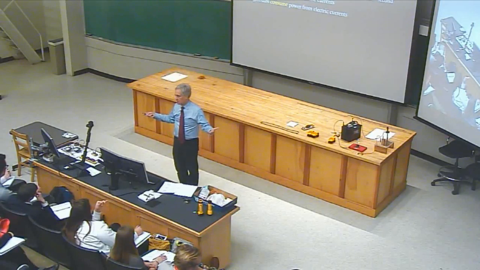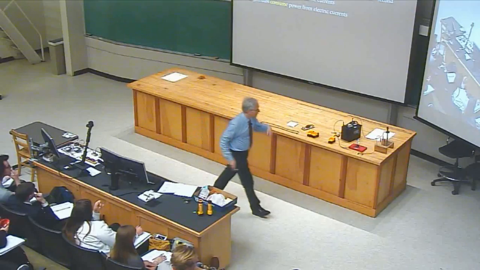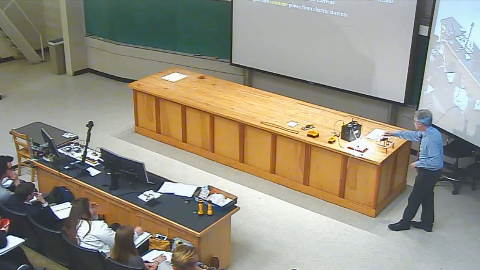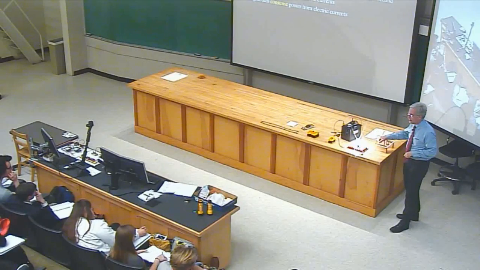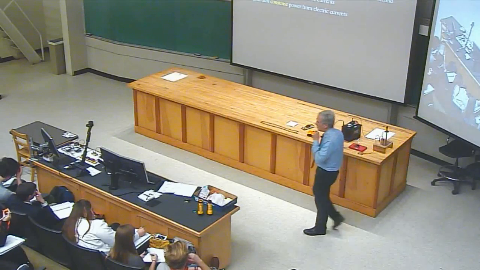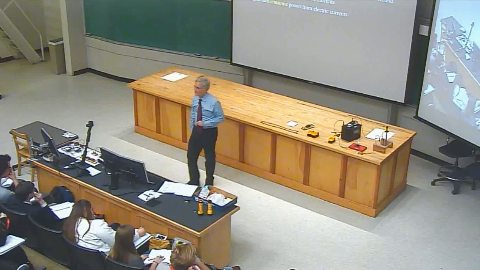Just to get a sense of how much is an amp, in this circuit I told you about last time, about 7 amperes flow through this wire. In a lot of flashlights, it's 1 or 2 amperes flowing, give or take. Currents of hundreds of amperes rarely show up in everyday life.